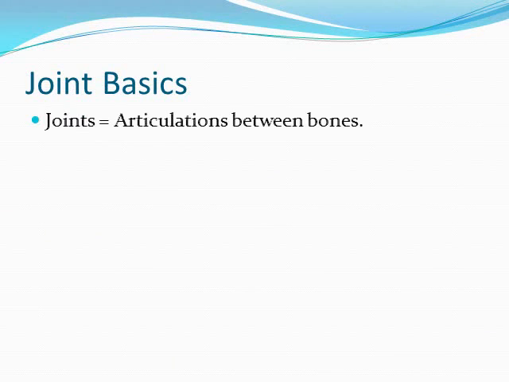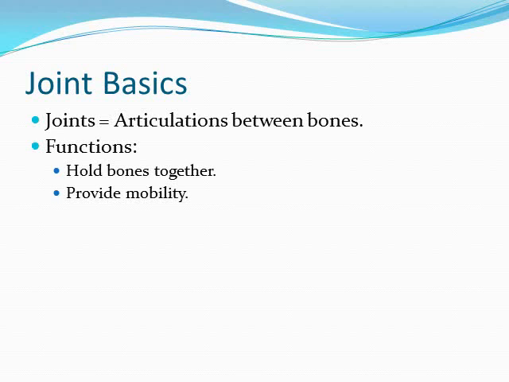Now, joints are basically any point where two bones come together. So for example, the bones of your ear, when those come together, those are actually joints. And like all joints, they are subject to arthritis as well. If you've got your phalanges connecting to your metacarpals, well, you've got a joint.